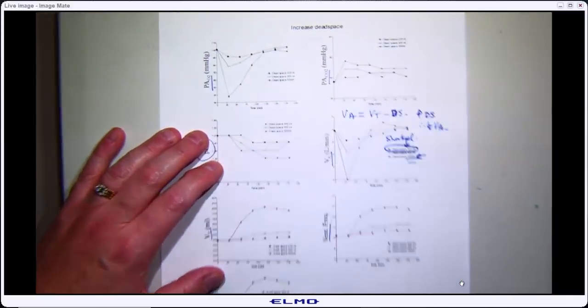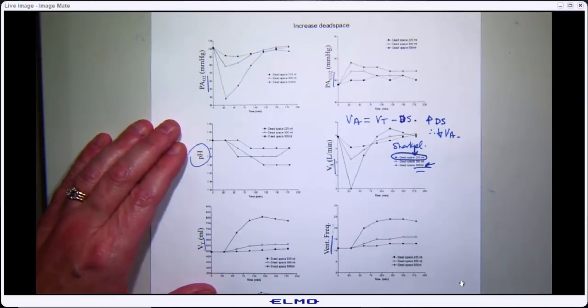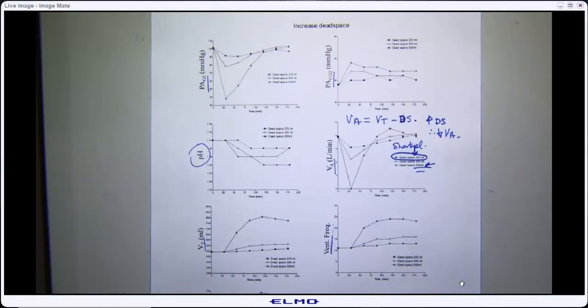Okay, so on Friday, I guess it was, we got to thinking about regulating the respiratory system, and we're going to go through 3 examples to flex a little bit of muscle in terms of regulating the system. What we're going to be doing is whipping around that negative feedback loop. We're going to perturb the system in some way.